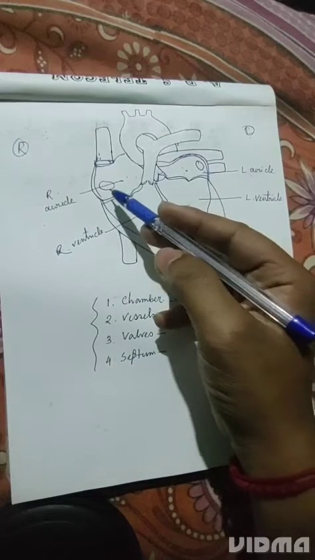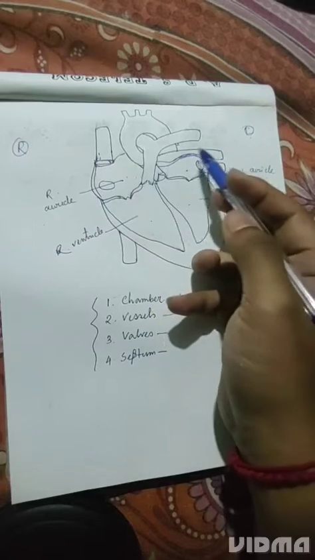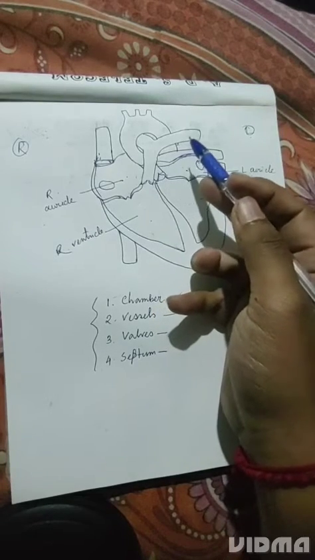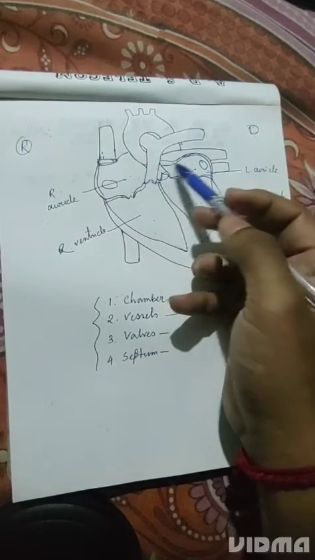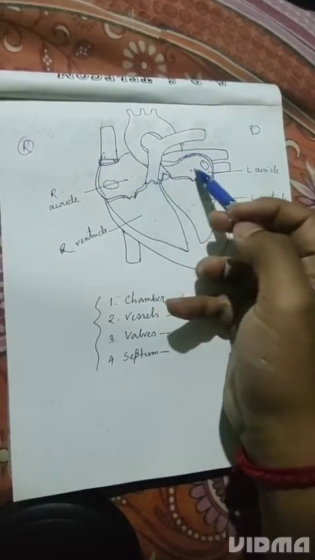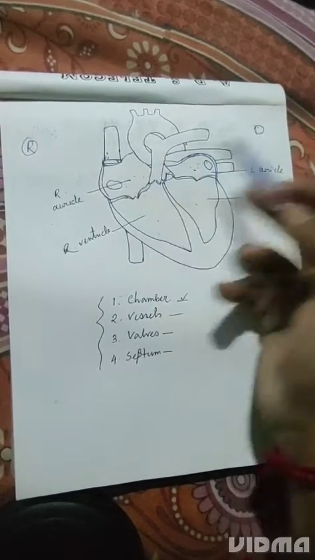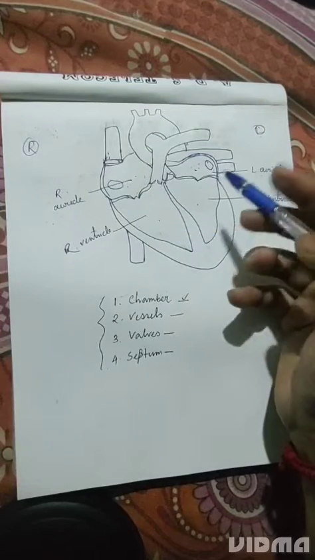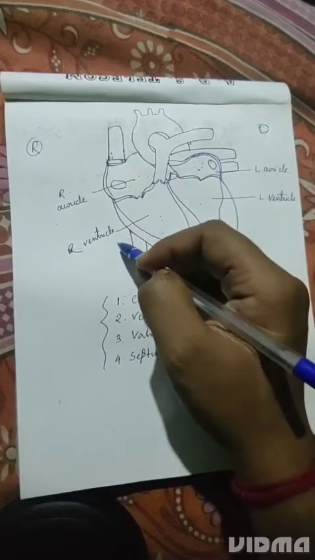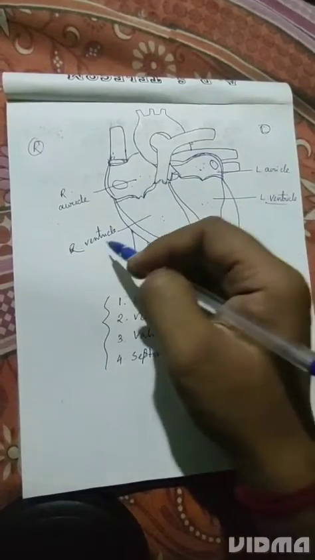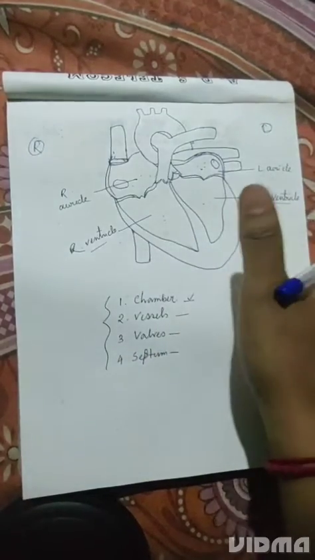The blood coming from all over the body, or from the lungs after purification, is first stored in these two small chambers. We are coming to it later. Next, the larger chambers are called left ventricle and right ventricle, or in common, ventricles.